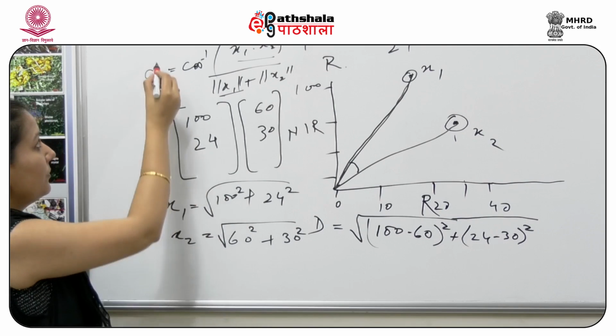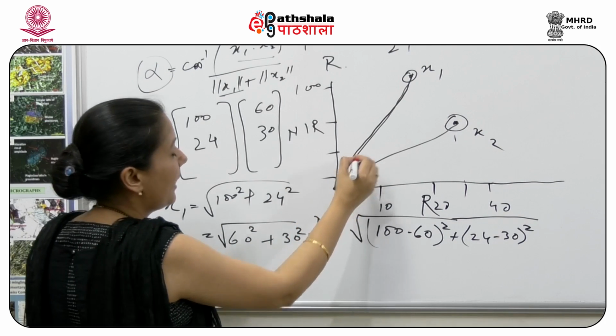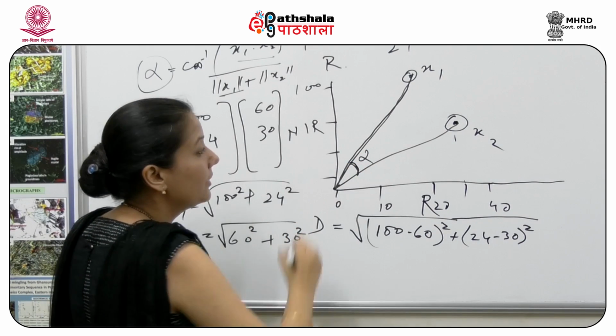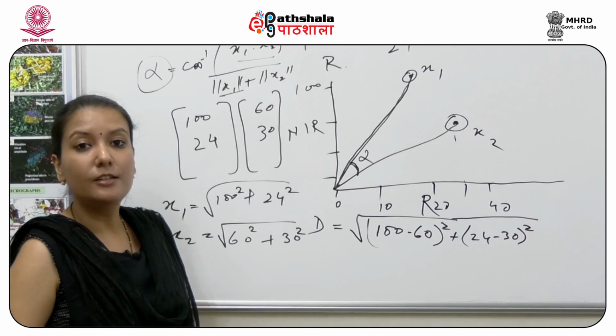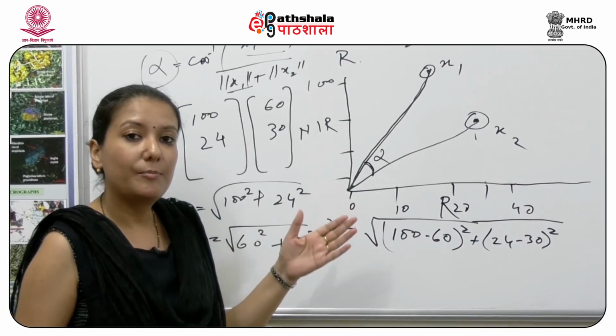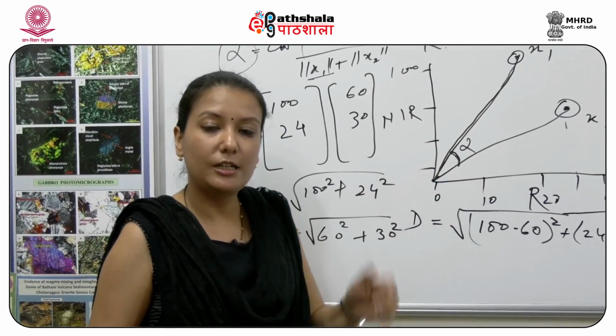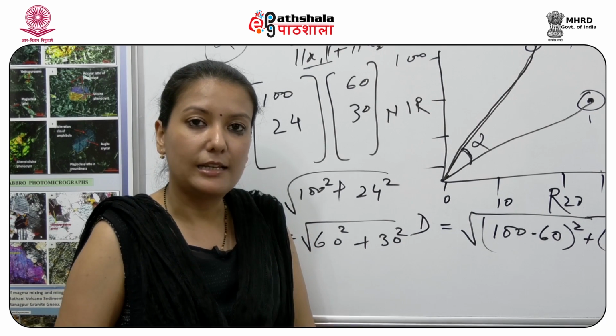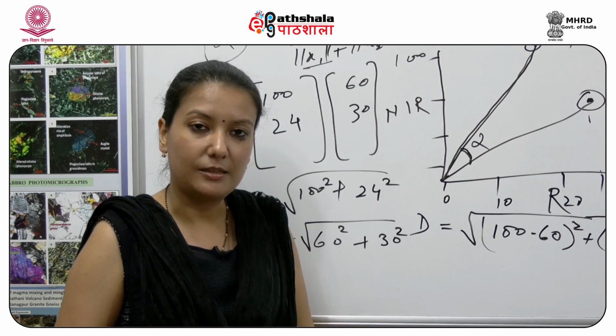So the calculation of this gives you an alpha angle which is represented here. So you get the direction of the change in magnitude which happened from T1 to T2. So this was your change in vector analysis or the mean vector analysis method.